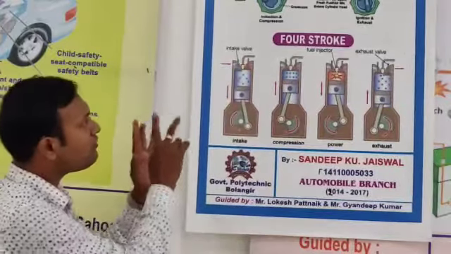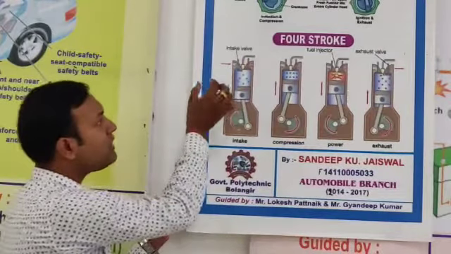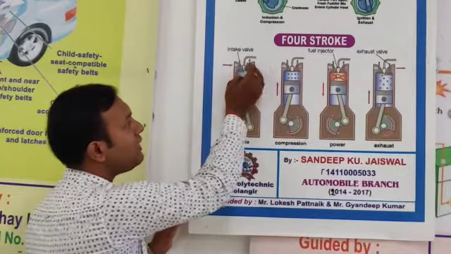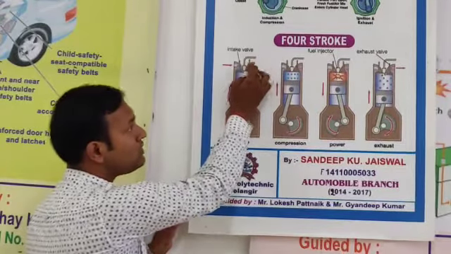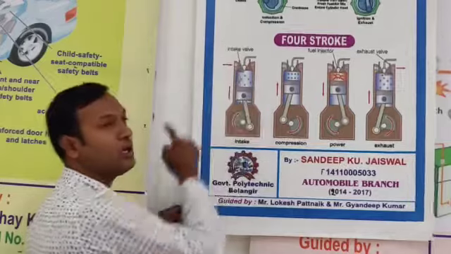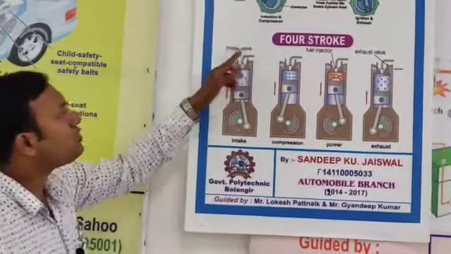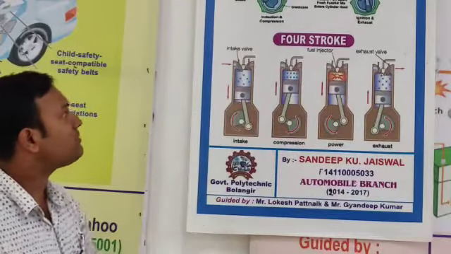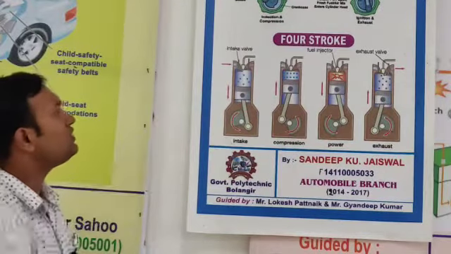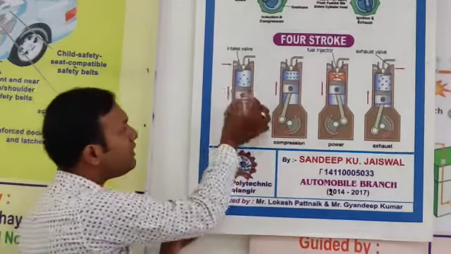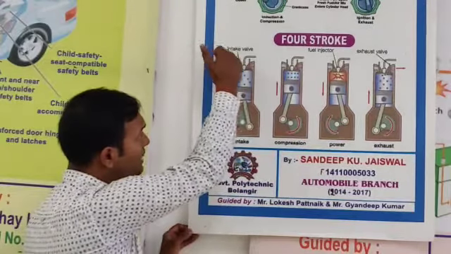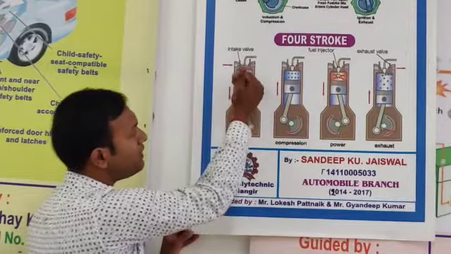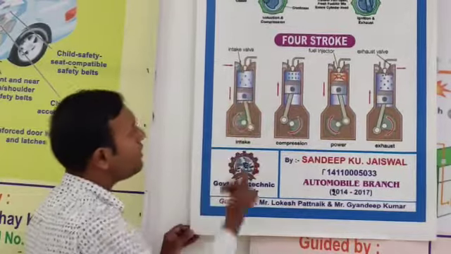The suction valve is open and the exhaust valve is closed, and that is done by the cam arrangement in the top head of the engine. The working fluid is sucked into the combustion chamber when the piston is coming downward.